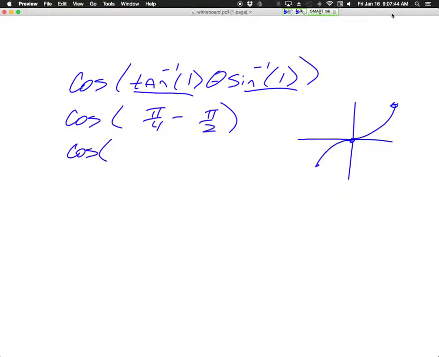Pi over 4 minus pi over 2. Negative pi over 4 is correct, because I've got pi over 4 and I've got to turn pi over 2 into 2 pi over 4, which gives me the negative pi over 4.